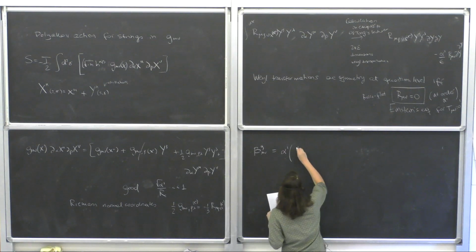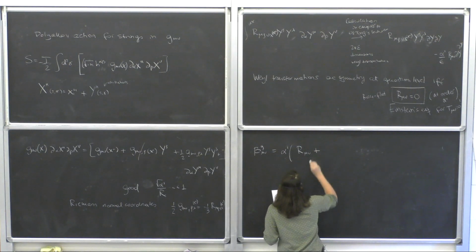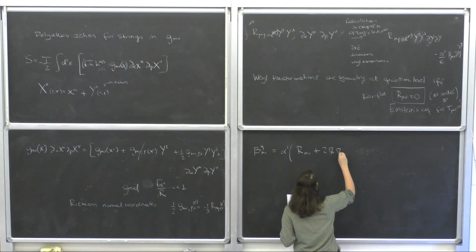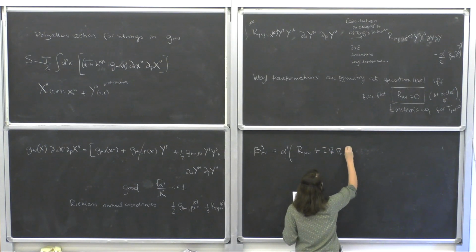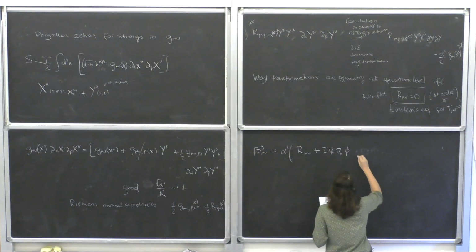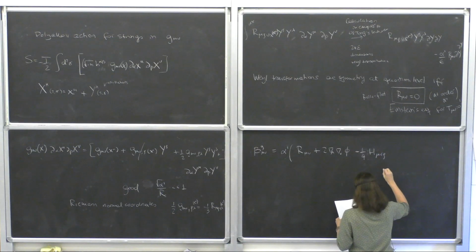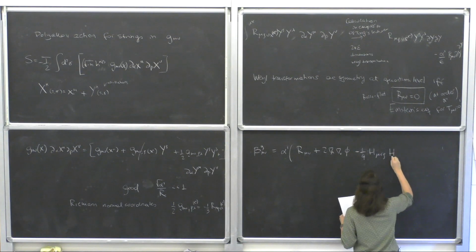the Einstein equation. But now the derivatives of the dilaton and the H field, which I haven't said, but this is the field strength of the B field.